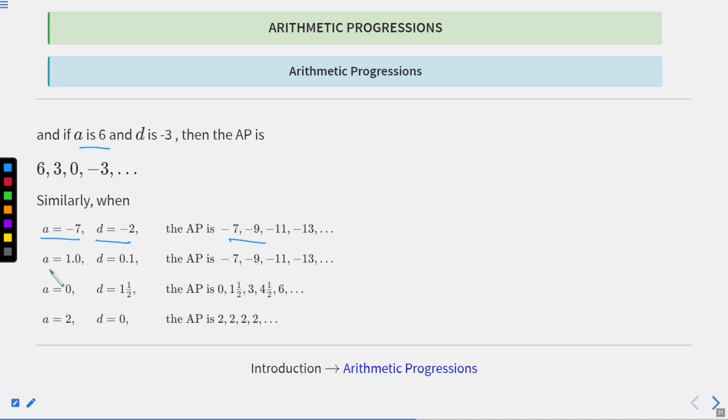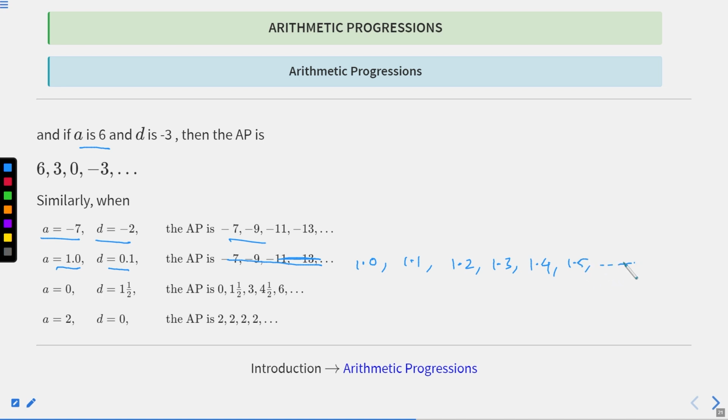When A is 1.0 and D is 0.1, the AP is 1.0, 1.1, 1.2, 1.3, 1.4, 1.5, and so on.